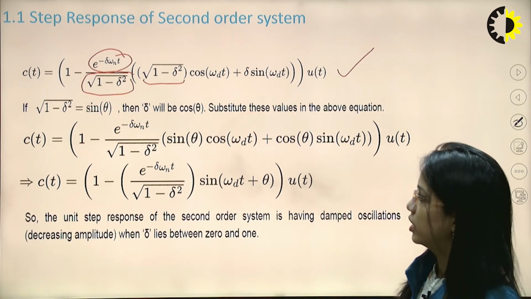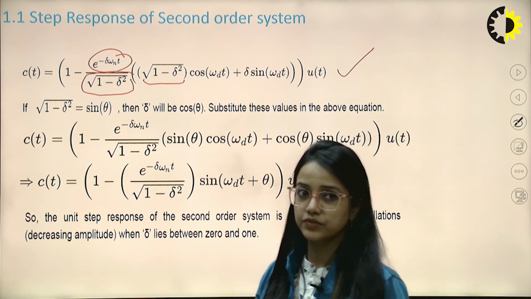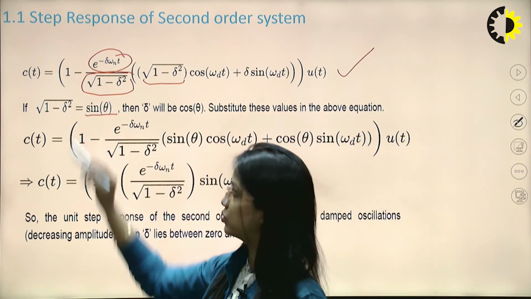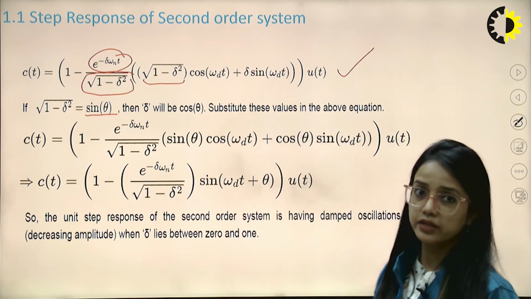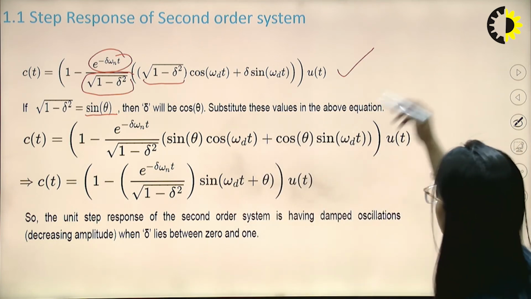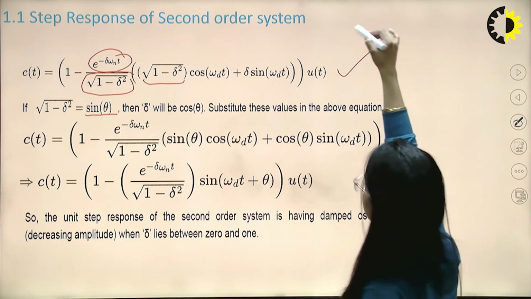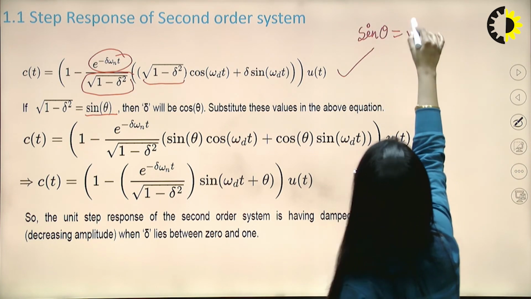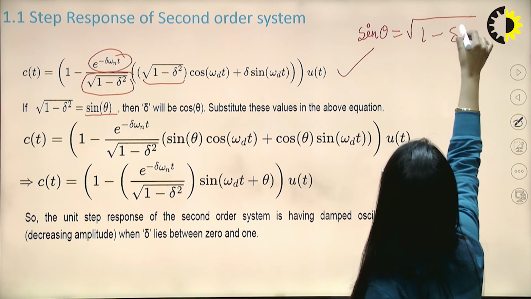Now, again, we see that let sine theta equal root over 1 minus zeta square. So this is the equation where we have assumed that sine theta is equal to root over 1 minus zeta square.